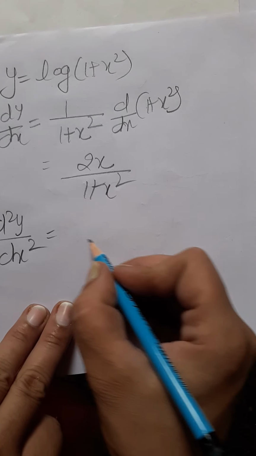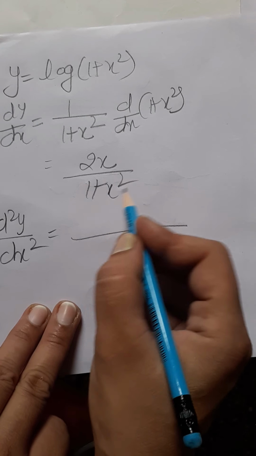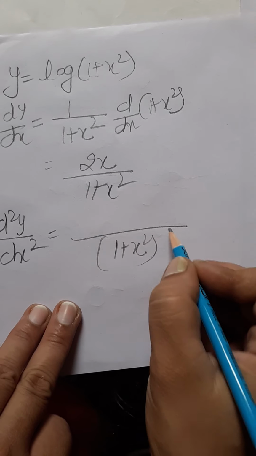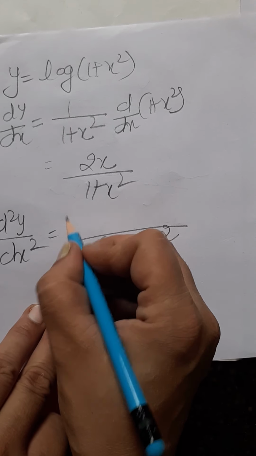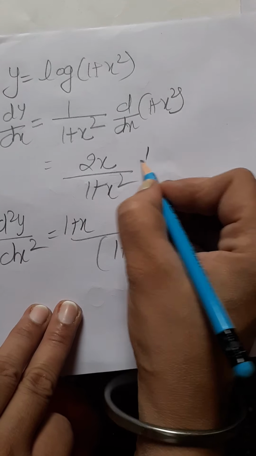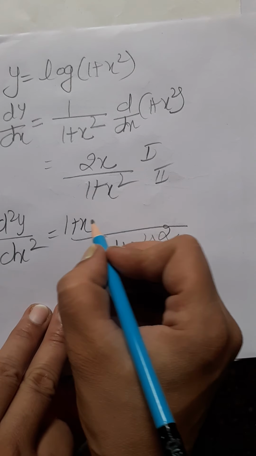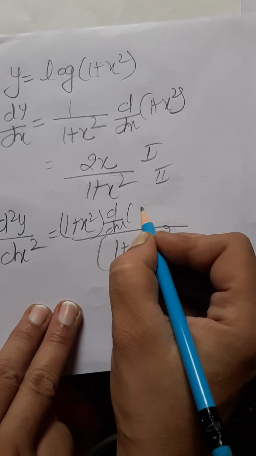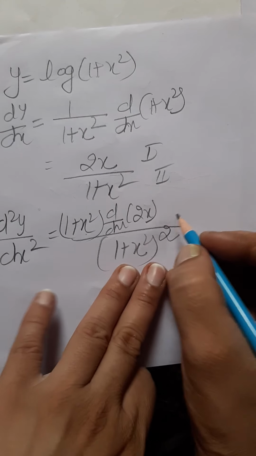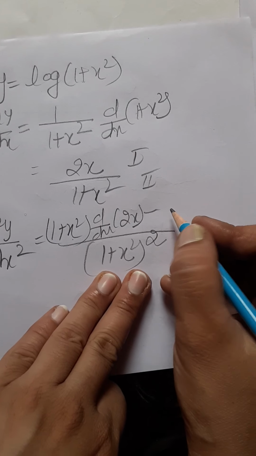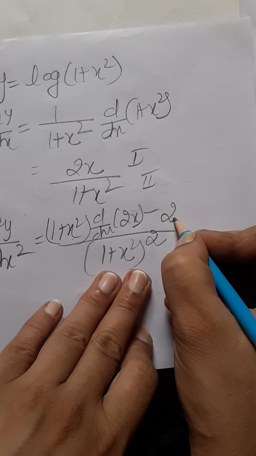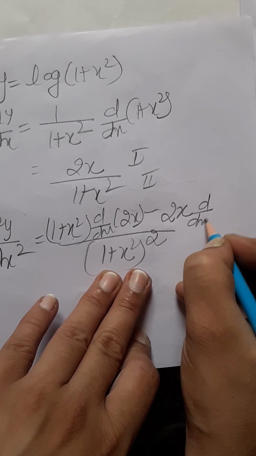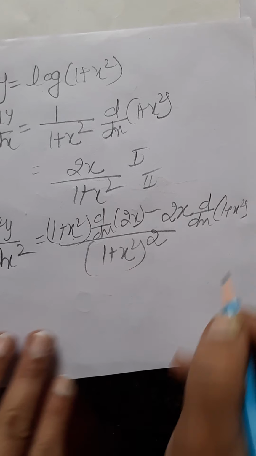For the quotient rule, first of all you write the denominator in this way, squared, and then the second function as it is, and we take the derivative of the first, then apply the sign of minus, and we write 2x as it is, and take the derivative of 1 plus x square.